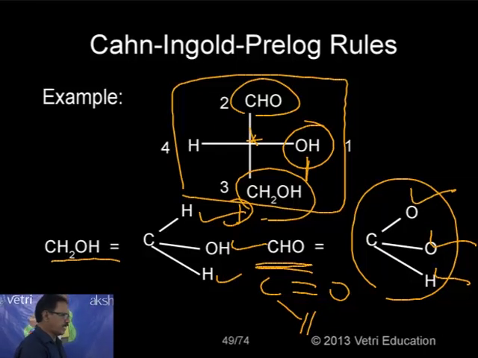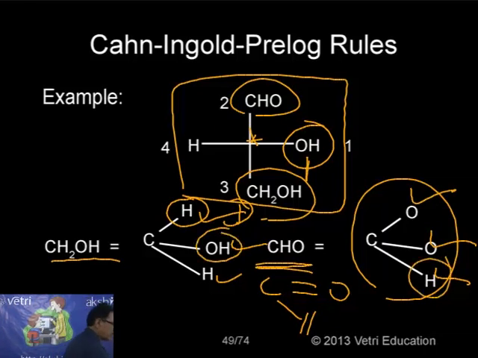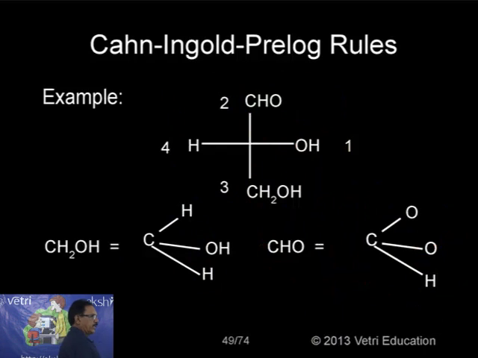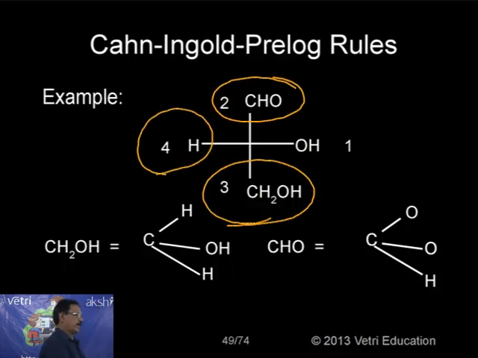Consider one by one. First case, oxygen, identical. Second case, O, again identical. Third case, H, but here it is O. So when you compare to CH2OH, CHO takes priority. So number 2 will be CHO, then third will be CH2OH and fourth will be hydrogen.